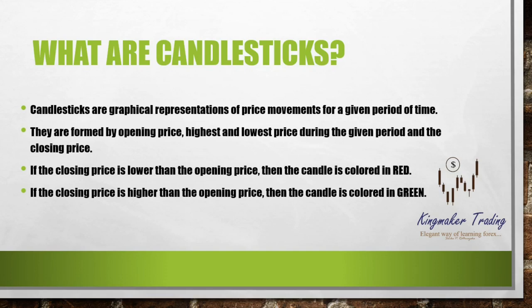If the closing price is higher than the opening price, then the candle is colored green, which means if a candlestick opens at a price, moves up and closes higher than it opened, it's colored green. Otherwise, if it opens, moves down and closes below the price it opened at, it's colored red.